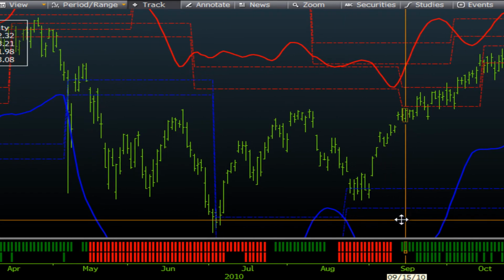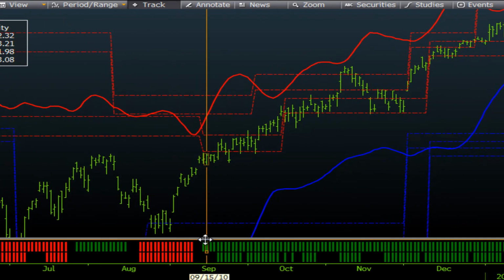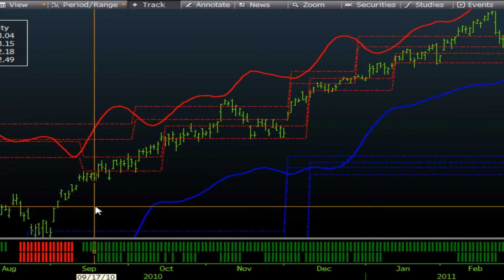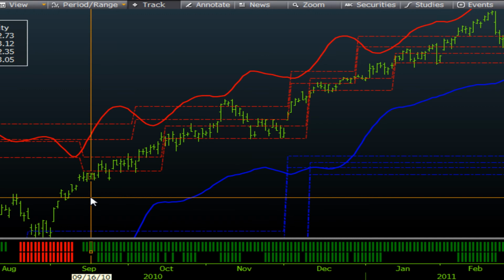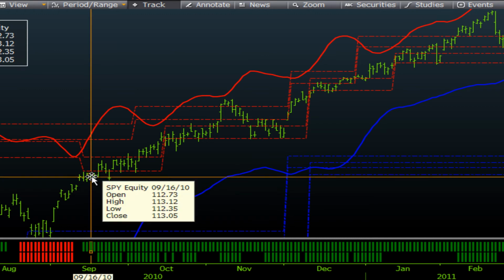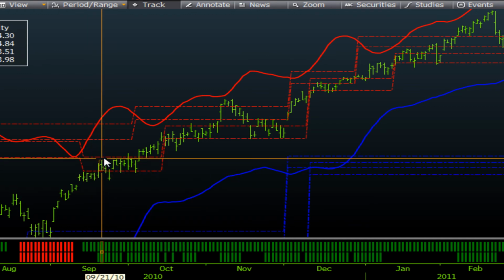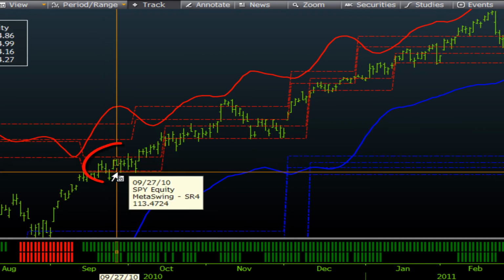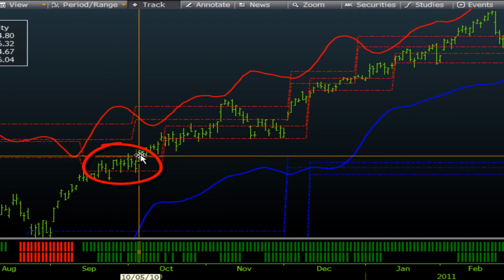Panning forward, here in September of 2010, we begin to see signs of an uptrend. Price is beginning to enter the area above the SR4 and SR3 areas.